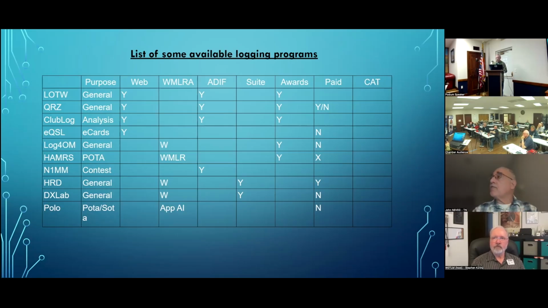But eQSL makes all that so much handier. They allow you to immediately exchange a card with the other party, and the only thing you have to do is design the card, and they make that really easy. But if you have a confirmed contact on eQSL, they do not interface with LOTW or QRZ or anybody else. So it's a self-contained system.